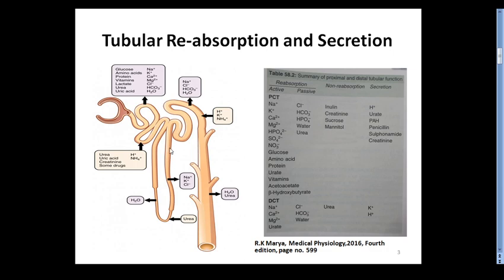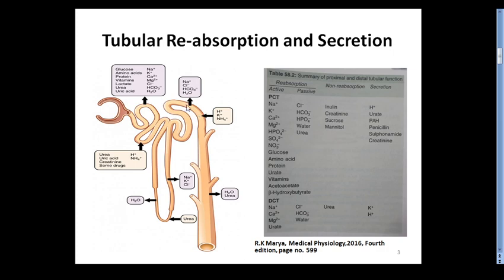So from this part no water is reabsorbed or added into the renal tubule. Only sodium, potassium and chloride ions are reabsorbed from the thick part of the ascending loop of Henle. So the loop of Henle, ascending and descending, is mainly related with the concentration of urine and water reabsorption.